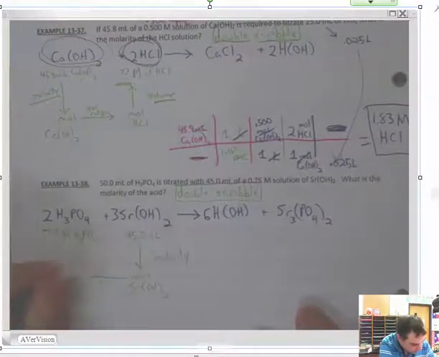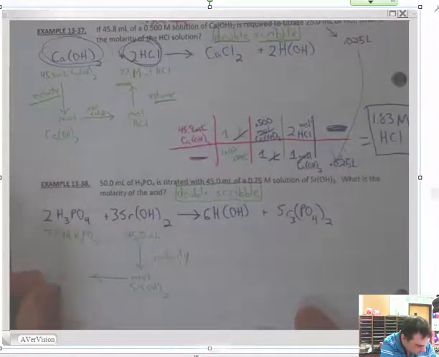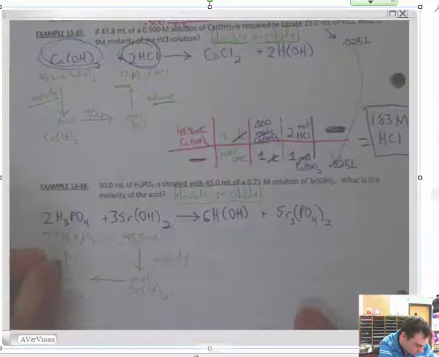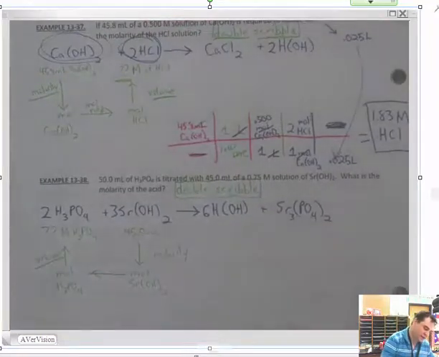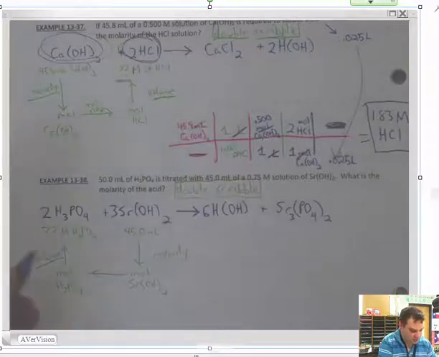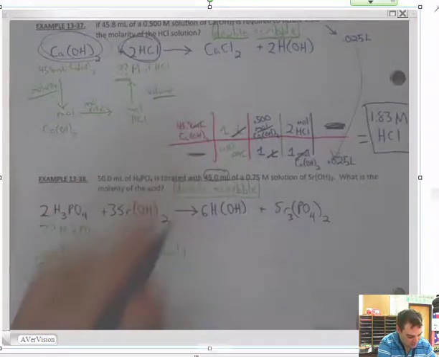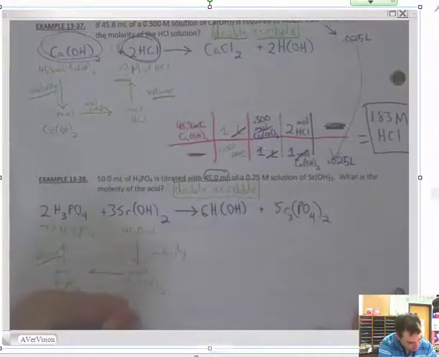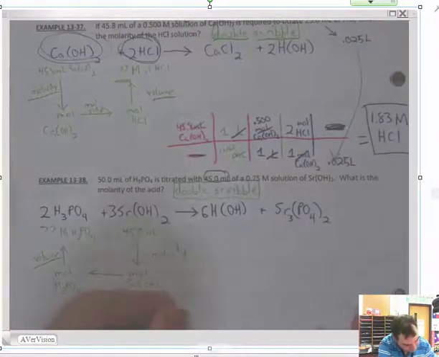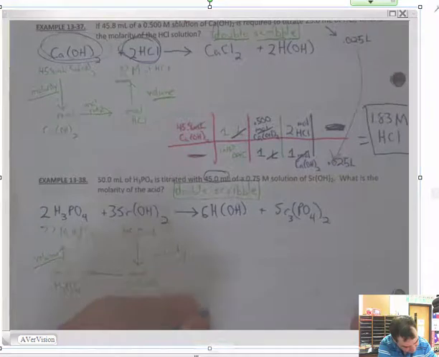And then you're going to wham, wham, wham, wham, go over to moles of H3PO4, and then we're going to use the volume to go back to molarity of H3PO4. So here we are going to start off with the 45 milliliters. So hopefully you know that 45 milliliters is 0.045 liters of strontium hydroxide.